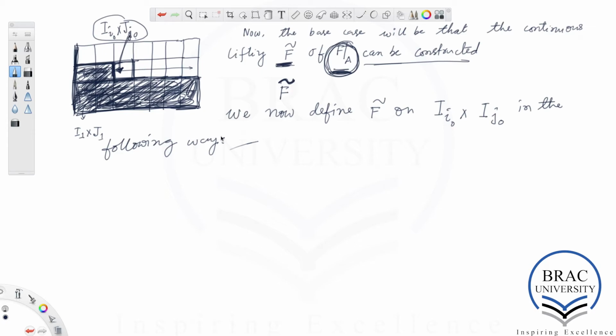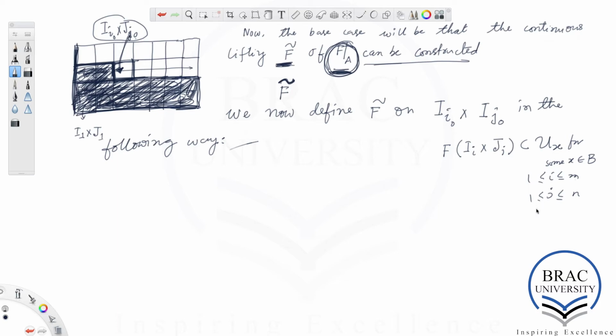So we have seen earlier, before, when we mentioned the induction, that f of I sub I cross J sub J is contained in some U sub X, for some X in B, for I between 1 and n, and J between 1 and n. This is what we have seen before.